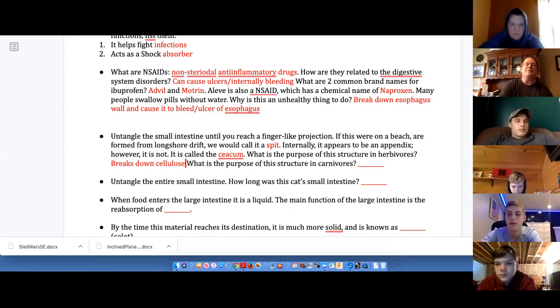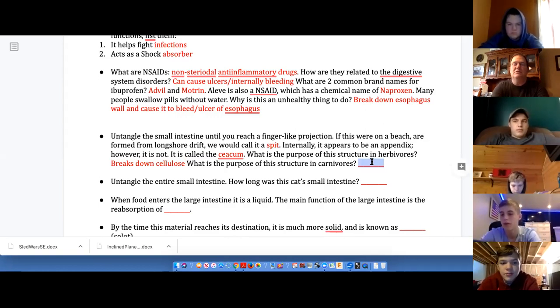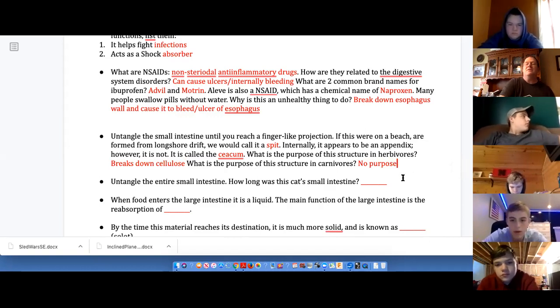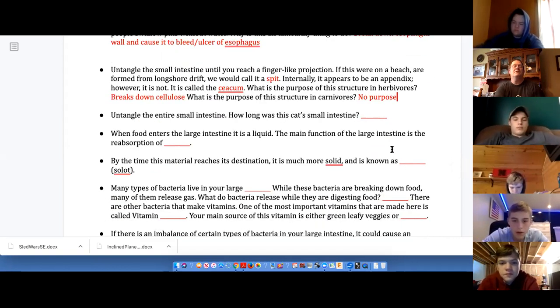It's the sugar that makes up the cell walls of plants. So why do we have one? What's the structure in carnivores? It has no purpose, really. Through evolution, it's kind of lost its purpose.